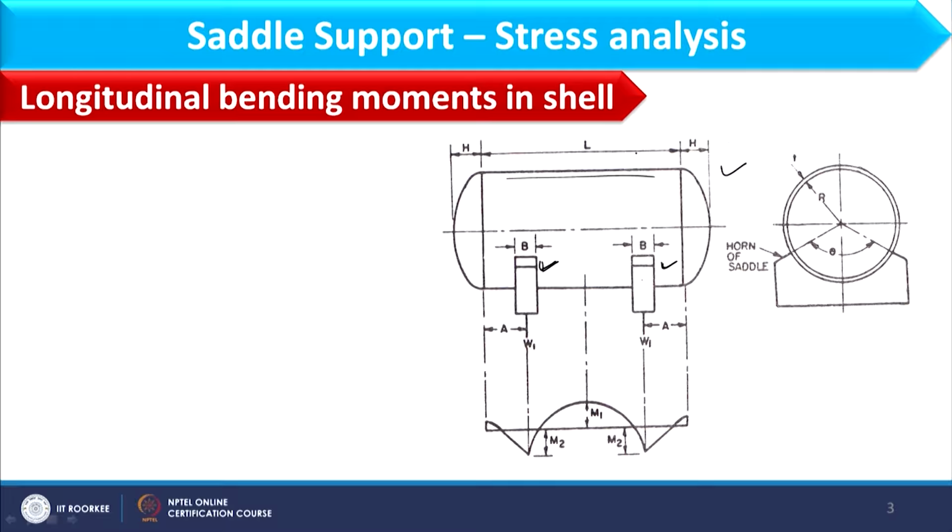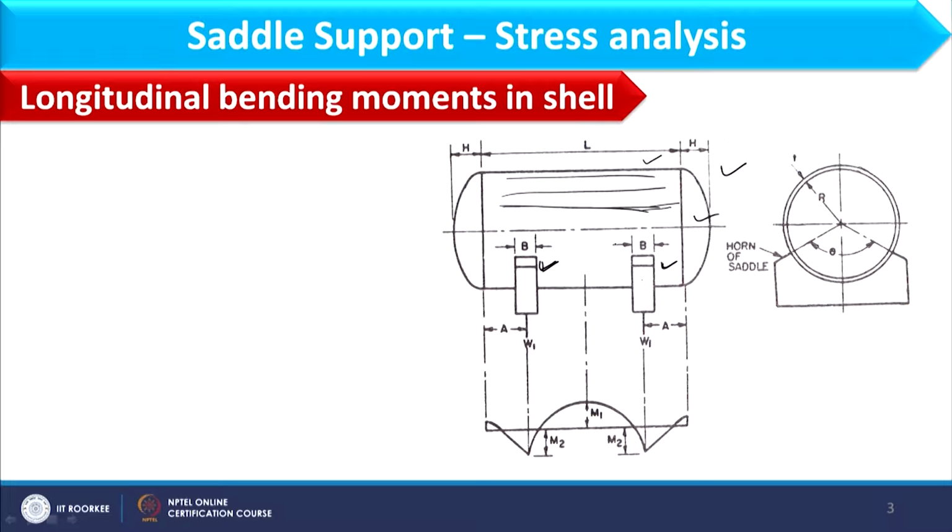As far as weight is concerned, that includes the weight of the shell, the weight of the head, and whatever content is inside the vessel, its weight should be added to that. And if I have different attachments inside, for example tubes or some other assembly, the weight of those assemblies will also be included in the total weight.